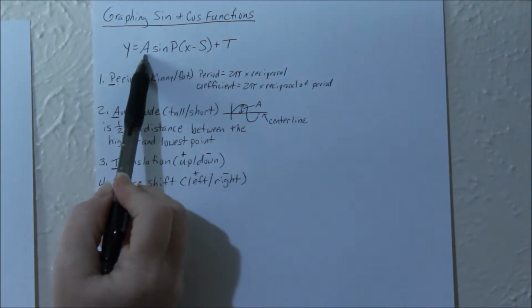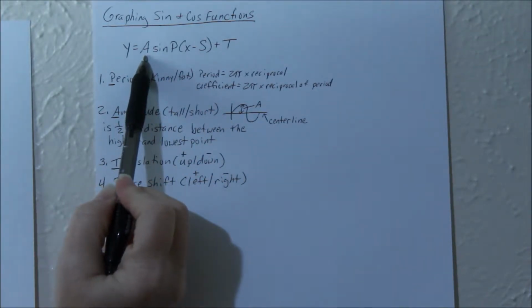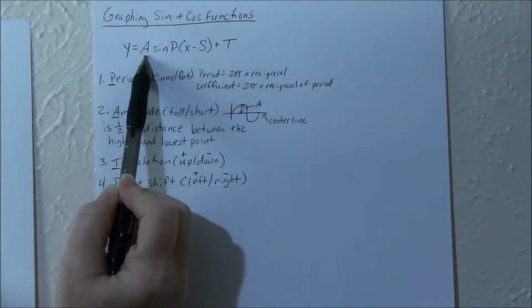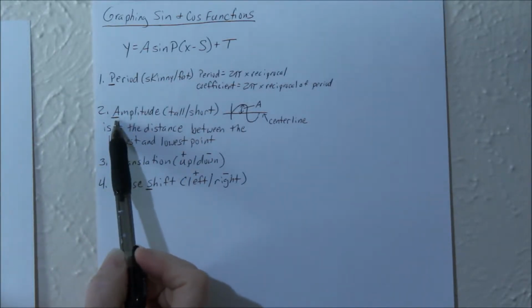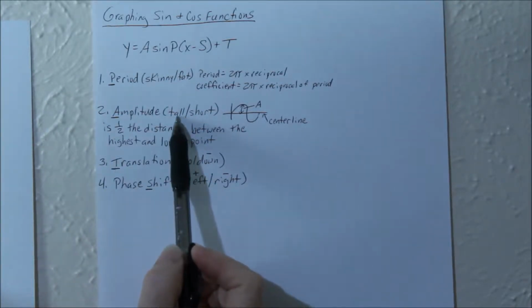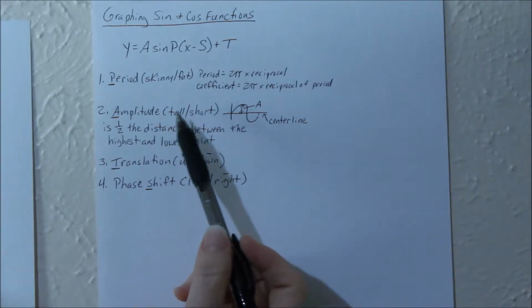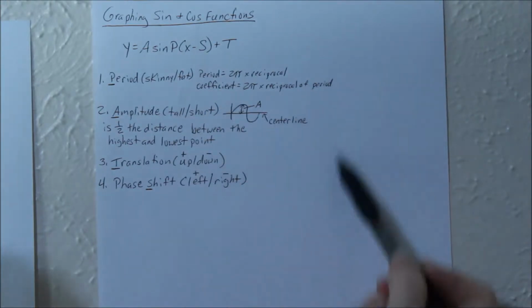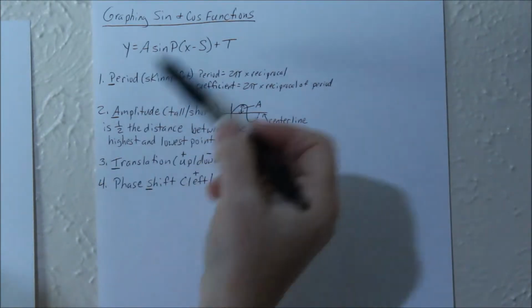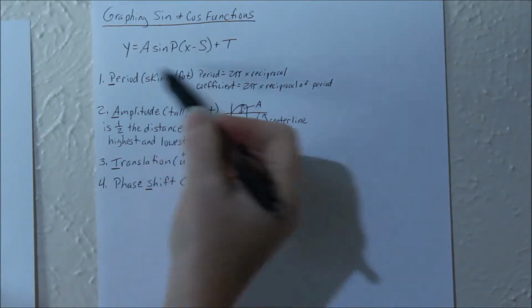When there is a number in front of the sine or cosine, that stands for amplitude. Amplitude tells you how tall or short a graph is. Sine and cosine graphs are all going to look like a wave, a continuous wave that keeps on going, up, down.